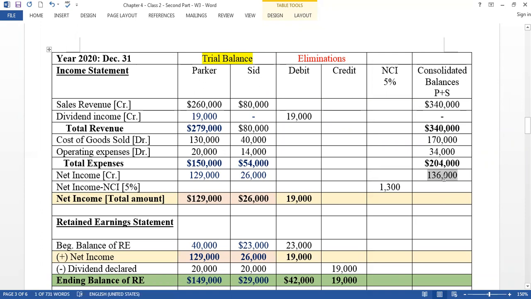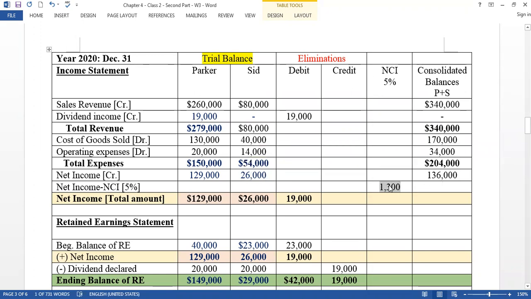The mistake is from here: 26,000 is included here, right? But although 26,000 is included here, it is 100%. But our share, the parent company's share, is only 95%. Parent company's share is only 95% because it is net income: parent company 95%, subsidiary 5%.